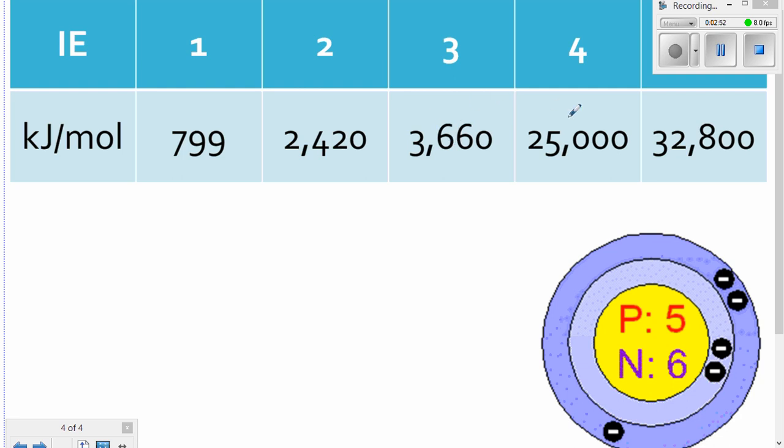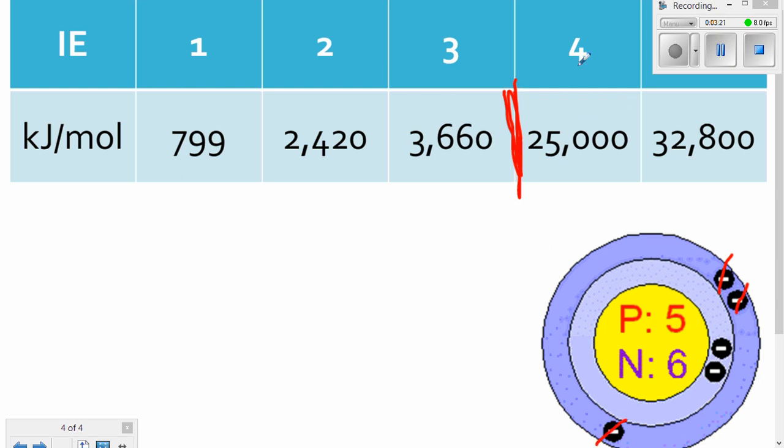And then the fourth one: notice what happens from the third ionization energy to the fourth ionization energy. We have this huge jump from just under 4,000 to over 20,000 kilojoules. When this happens, what we know will happen is that these first three electrons were all valence shell electrons: 1, 2, and 3.